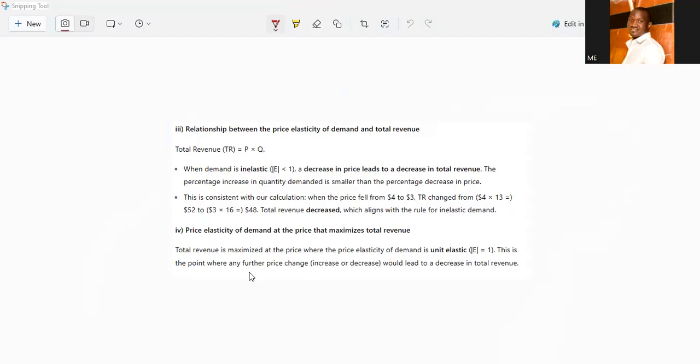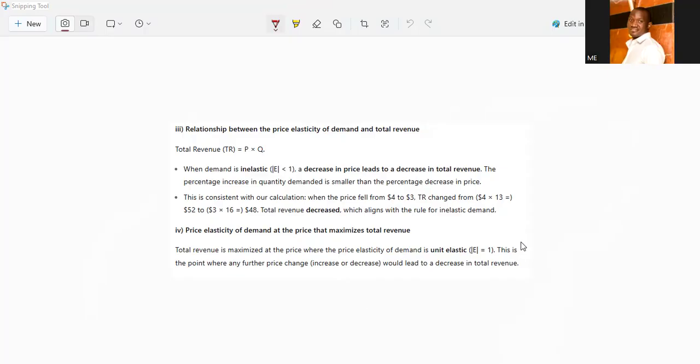Then price elasticity of demand at the price that maximizes the revenue. So whatever question you do, as long as you're maximizing revenue, demand is unit elastic. So this is a point where any further price change, a decrease or an increase, would also lead to a decrease in total revenue.